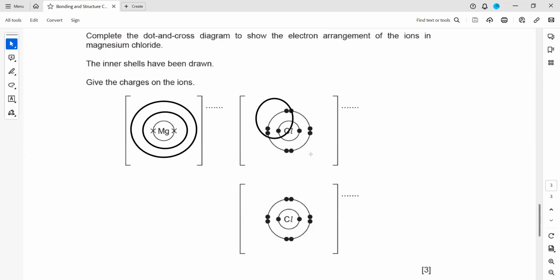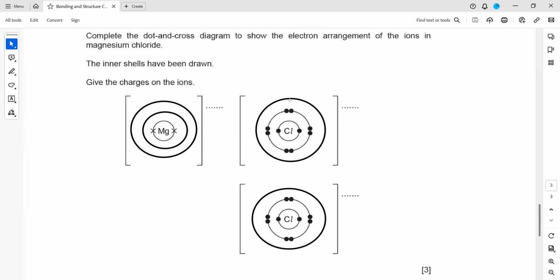And chlorine is 2,8,7. 17 electrons are there. For magnesium, the first shell has 2 electrons, the second shell has 8 electrons, and the third shell has 2 electrons.